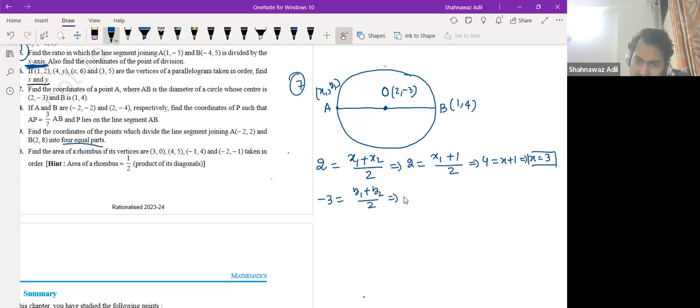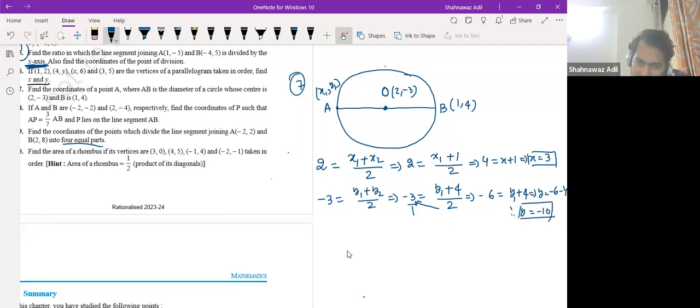You know y2, y1 you don't know, plus 4 divided by 2 equals 3. So this 2 goes over here, cross multiplied, minus 3 into 2. So minus 6 equals y plus 4. So y would be minus 6 minus 4. So y is minus 10.